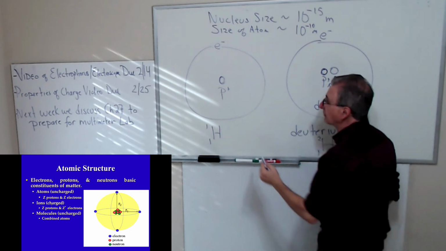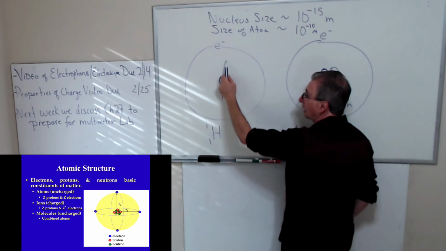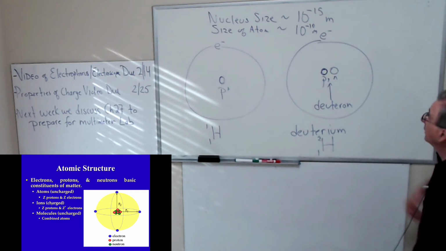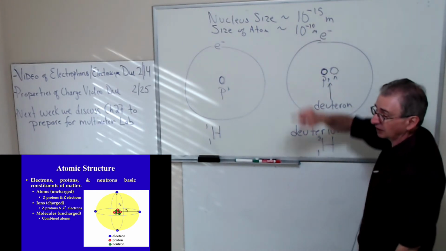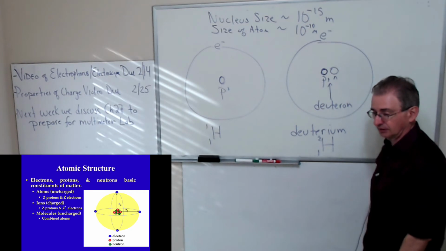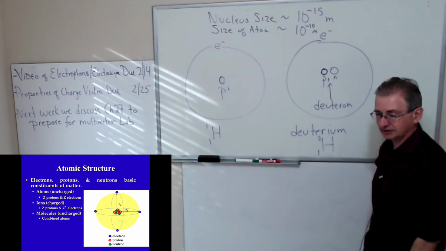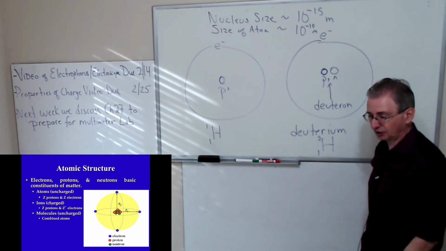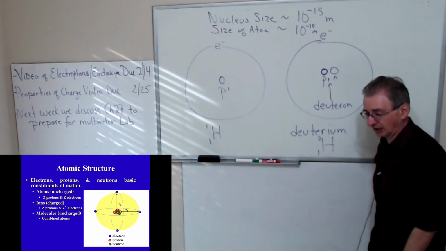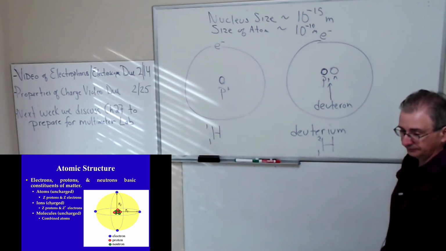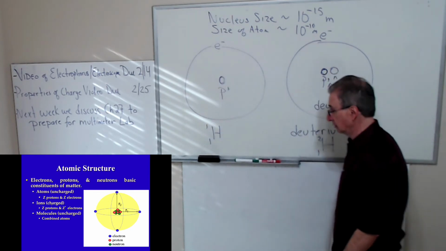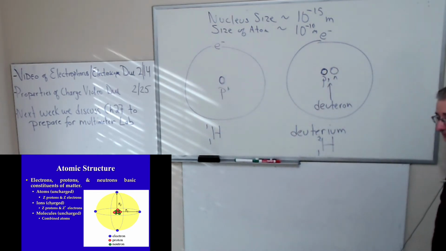So there's a lot of empty space between the proton and the electron in an atom. I mean that's a factor of 100,000. Okay, that's a factor of 100,000. Just scale it to our universe. Okay, scale it to our size and see what a factor of 100,000 means. So there's a lot of empty space here for the electron.